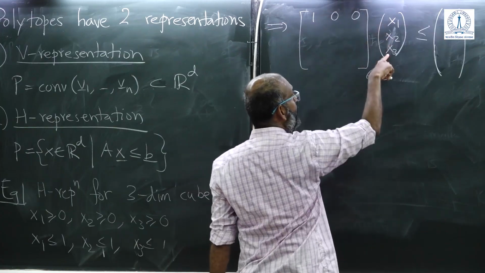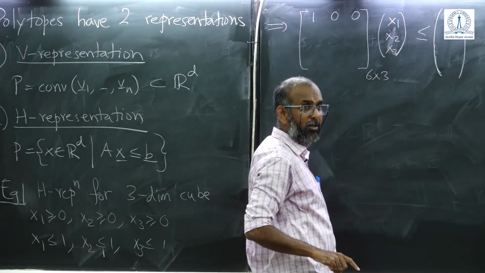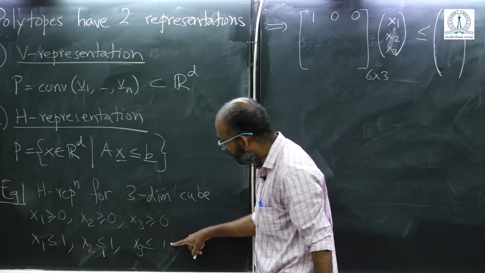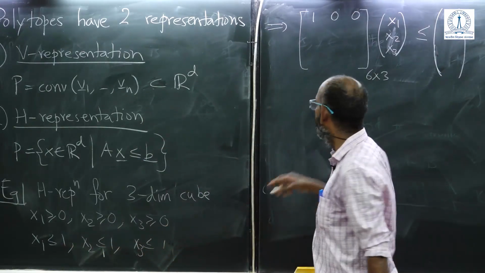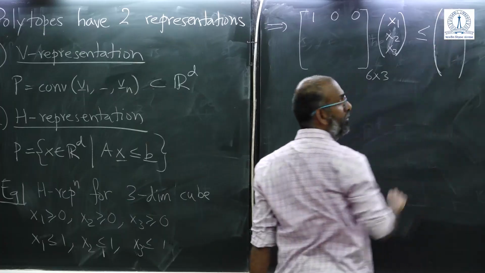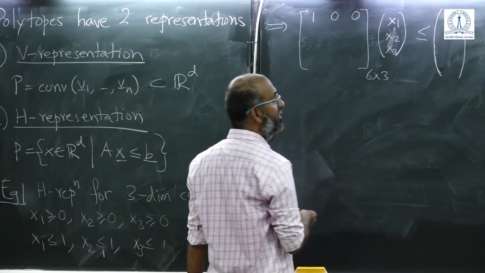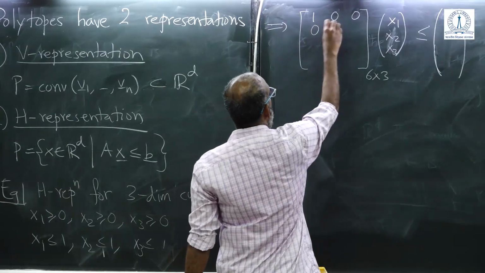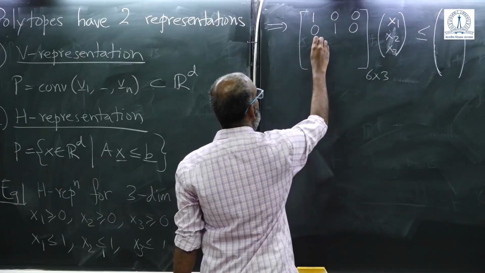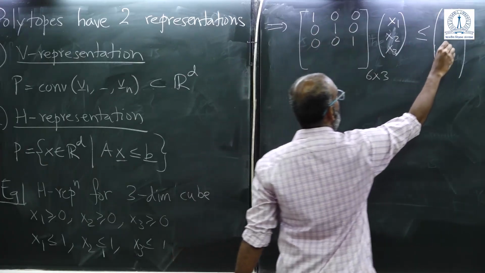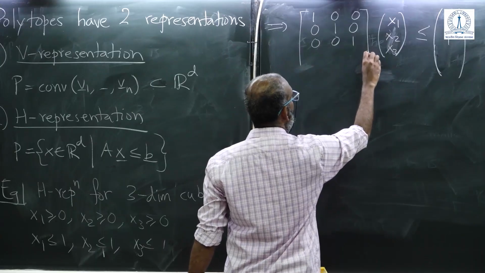No, we are looking at this bottom one, because it's less than or equal to 1. So this says x1 less than or equal to 1. Next, less than or equal to 1, and the last one is less than or equal to 1. I'm running out of space, so let me do it at the end.